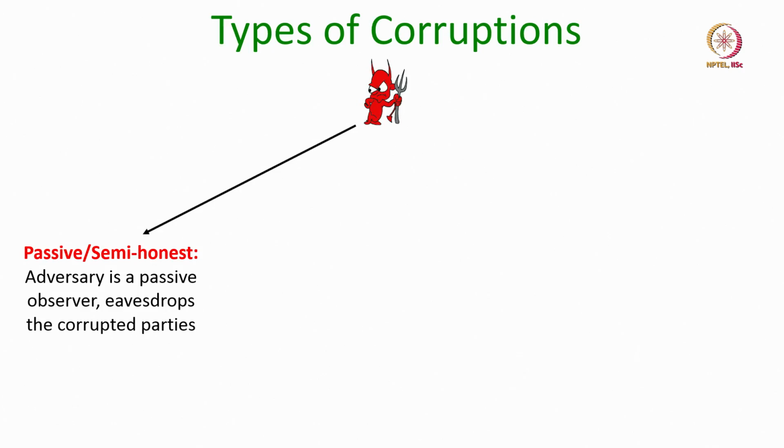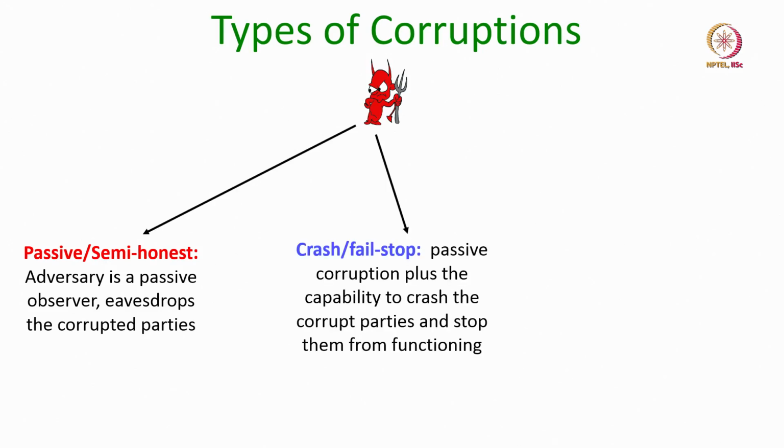As I said, there are three types of corruptions. The simplest form of corruption is the passive or the semi-honest corruption, where the adversary is an eavesdropper. It can only eavesdrop the state of the corrupt parties, but it cannot cause the corrupt parties to deviate from the protocol instructions.